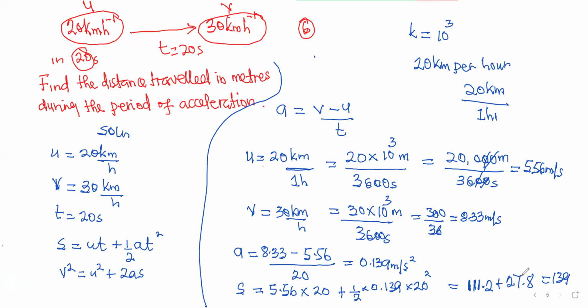You see, our decimal place is missing here because, don't forget, in the acceleration I asked you to give me the answer in 3dp. Then during the conversion of the velocities, we expressed our answers in 2dp.